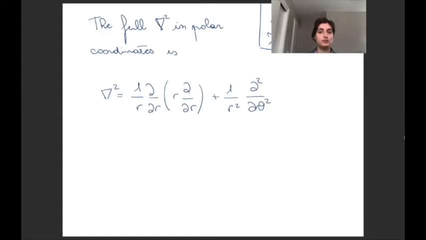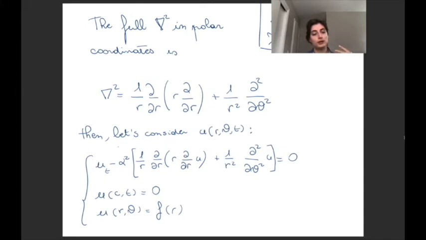Here, I'm just going to state that the full nabla squared in polar coordinates has this format: 1 over r delta over delta r applied to r times delta over delta r, plus 1 over r squared delta squared over delta theta squared.